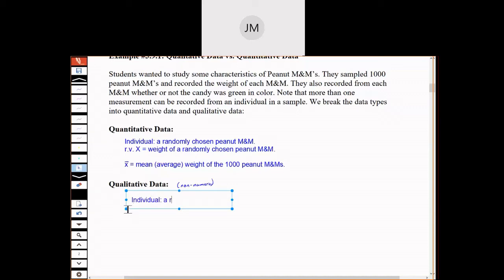It is a randomly chosen peanut M&M. Okay, the variable, the piece of information that I'm writing down that is non-numeric is whether or not it's green in color.